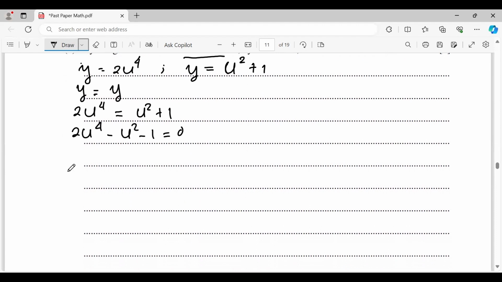Then we can factorize this. One is positive, one minus, right? Means 2u squared equals minus 1, or u squared equals 1.